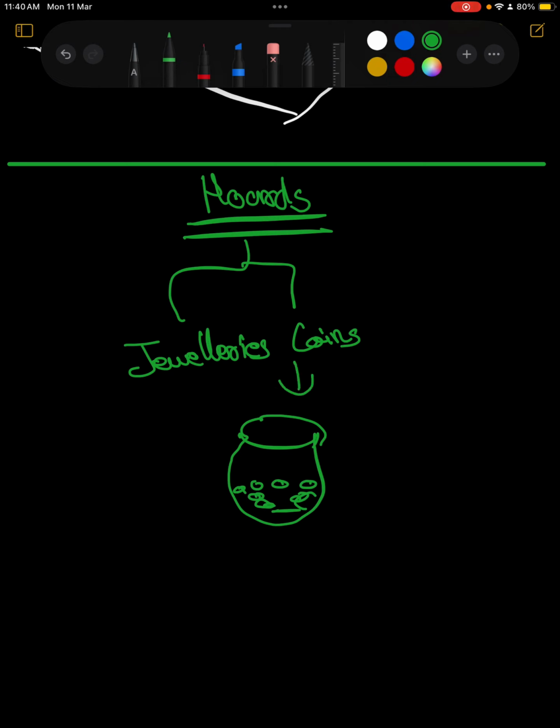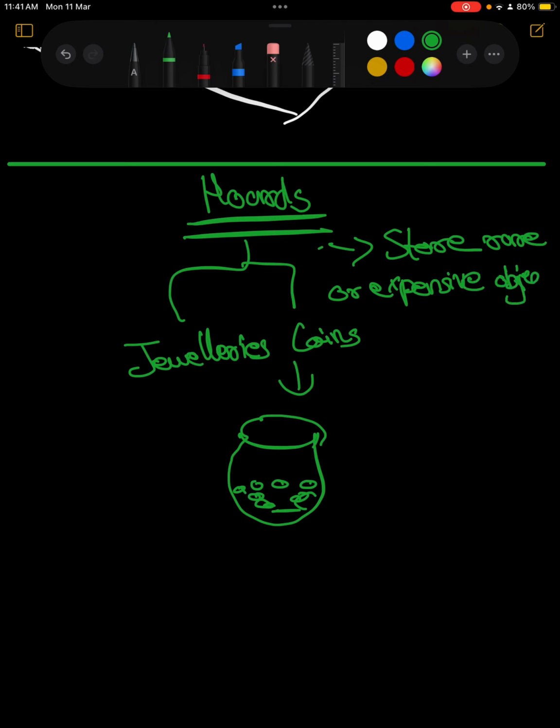They were used to store rare or expensive objects, or precious ones. For example, we might have something precious that might not be expensive but very precious for us. Maybe it might be a piece of paper, but it might have very important knowledge or information.